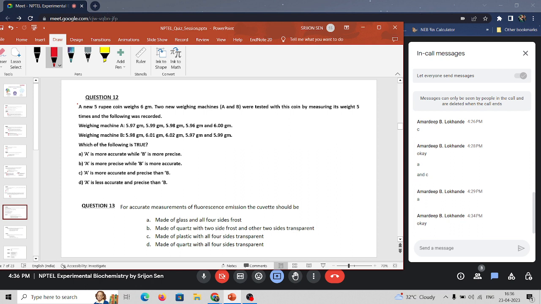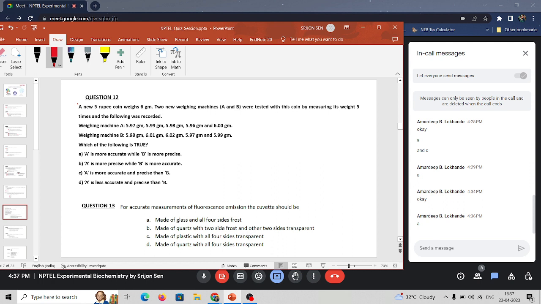If you check the values carefully, what is the mean of weighing balance B? It is close to 6 point something. You may say it is A, but when you calculate the mean of weighing machine A, it is coming around 5.97 grams. But when you calculate the mean for B, it is coming around 6 grams.